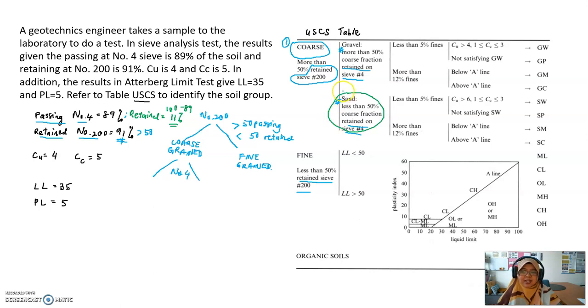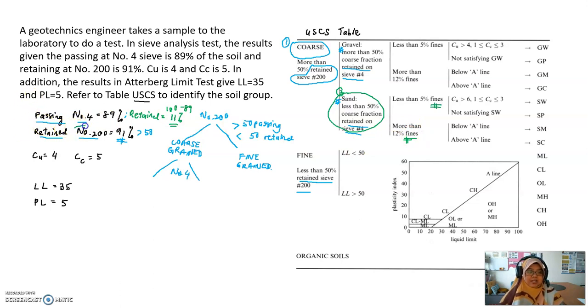So we know that the coarse grain soil just now is a sandy soil. Now we need to check the fines percentage. How can we know the fines percentage?